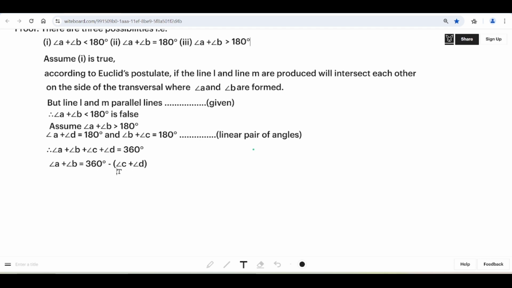Now if we subtract 180 degrees or something greater than that from 360, obviously the right hand side value will be smaller than 180 degrees, right? And therefore angle A plus angle B is also smaller than 180 degrees.